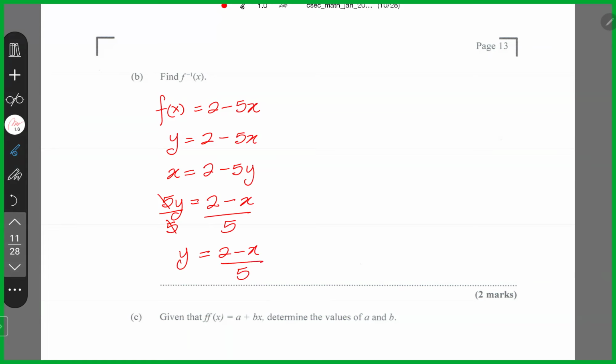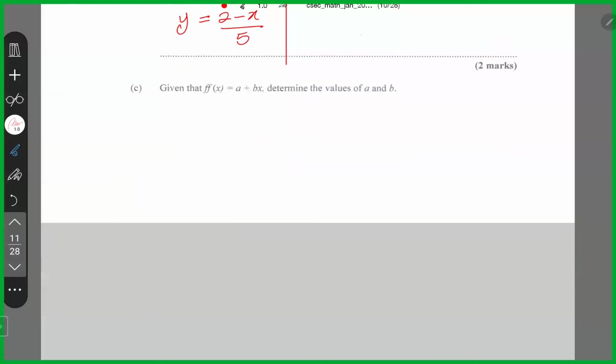So step 3 is to make y the subject again. And step 4 is to say f inverse of x is equal to 2 minus x over 5. All right, next.